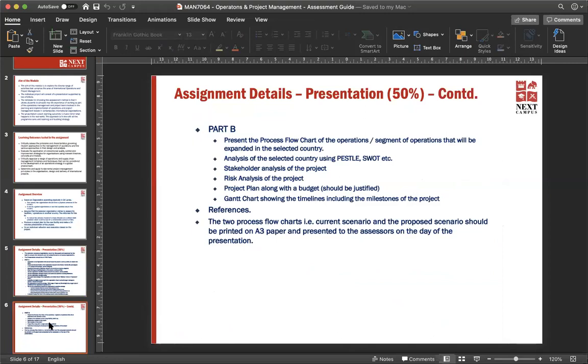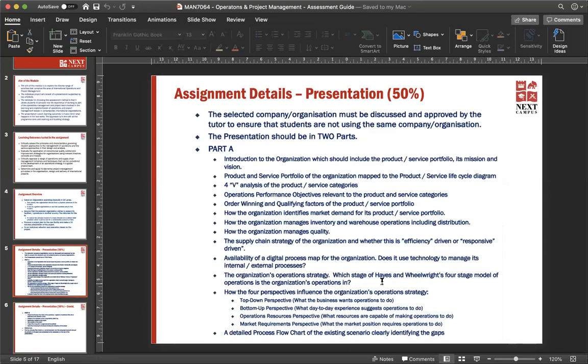Now in part B, you need to present the process flow chart of operations that will be expanded into the selected country. Now, when you do the process flow chart here at the end of part A, you need to identify the gaps. Obviously, you are going to find gaps, areas that need improvement. So these things have to be identified. You are not going to expand the operations along with the gaps.